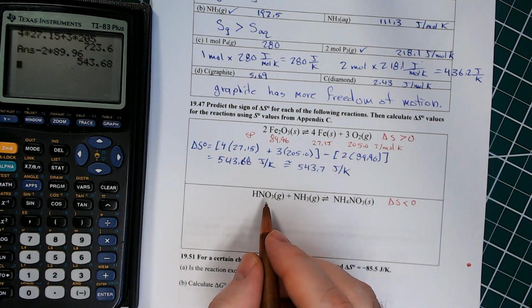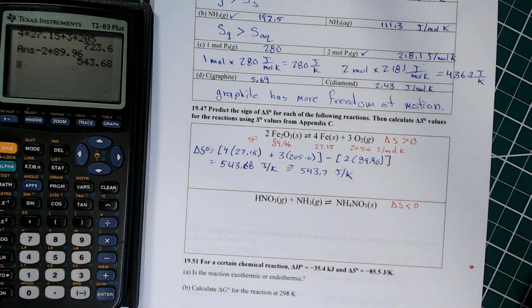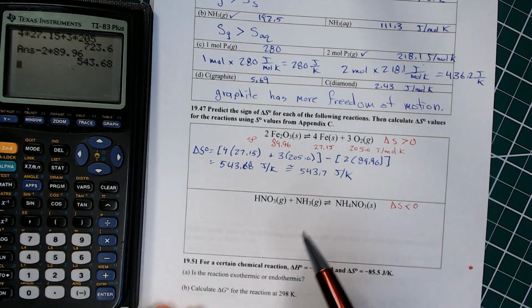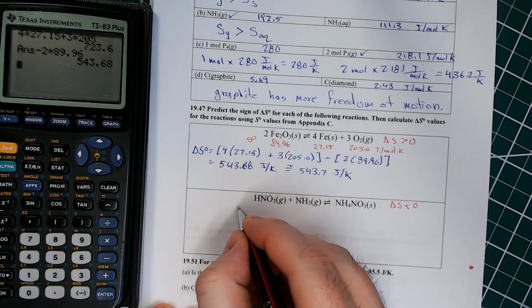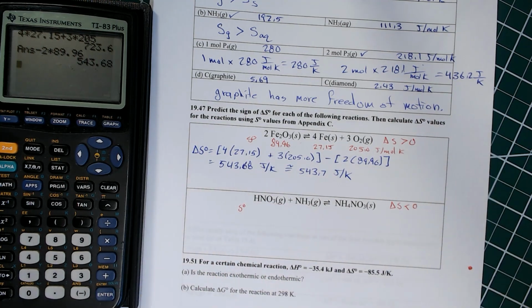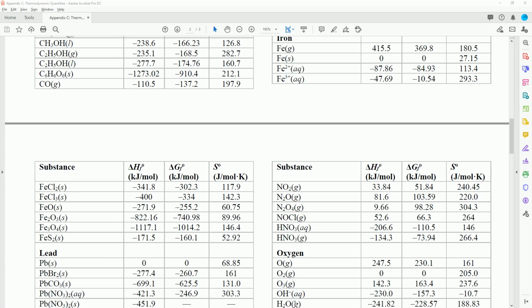We need to look up the values for these, and I've got this thing right in front of me. So I'm going to switch back over so you guys can see where I'm getting these quantities. For HNO3 gas, it is right here at 266.4.